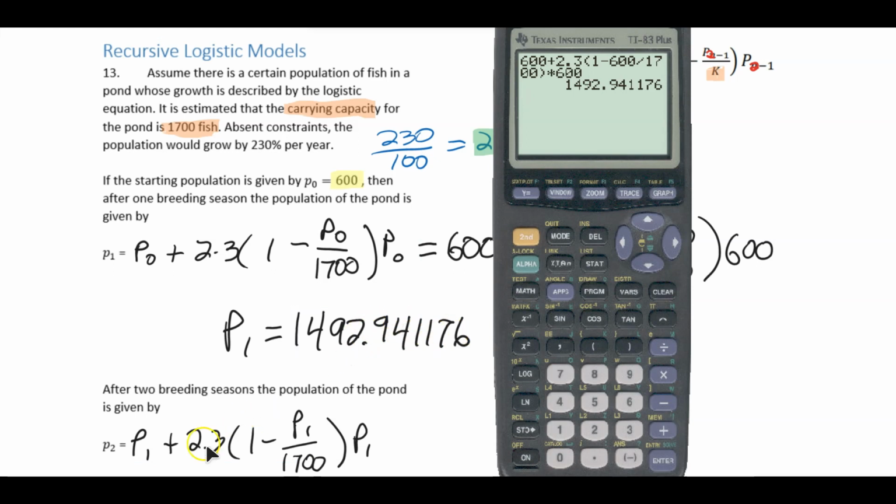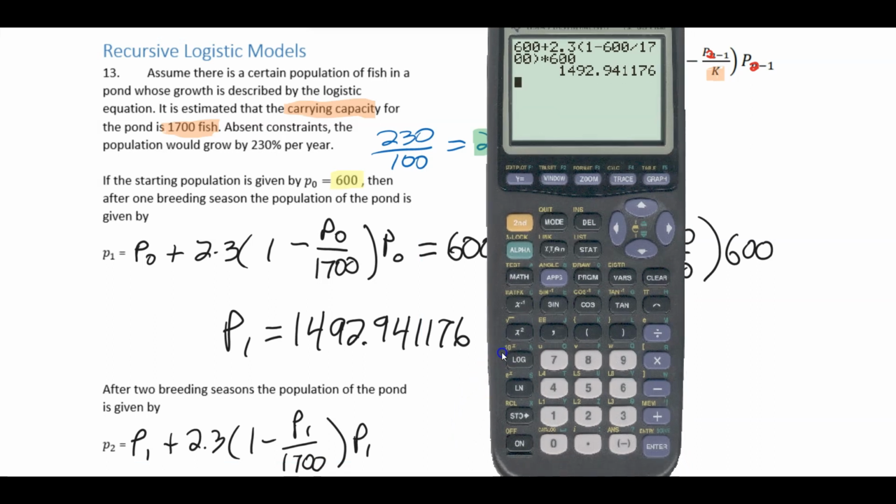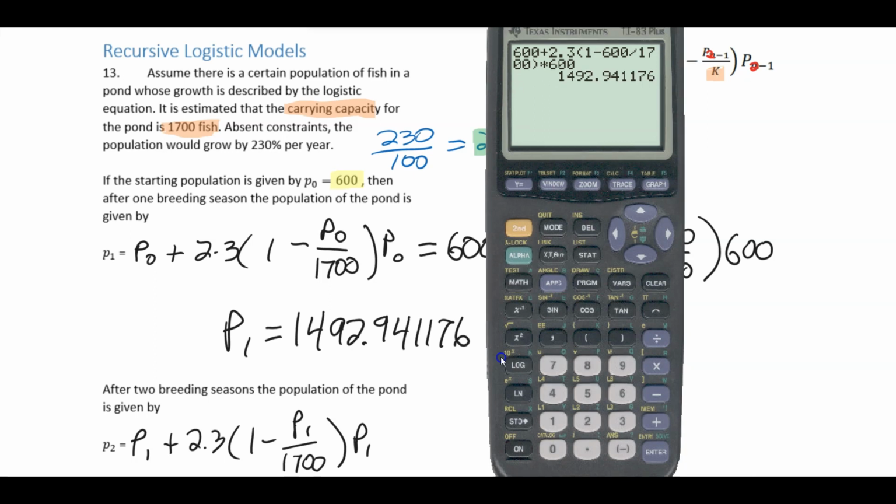And now typing that in 3 times is kind of painful. If you know how to store values in your calculator, you might want to store this value and then just hit recall 3 times. I have a store recall ability here. Or you have an answer button. You could use this as the answer button.